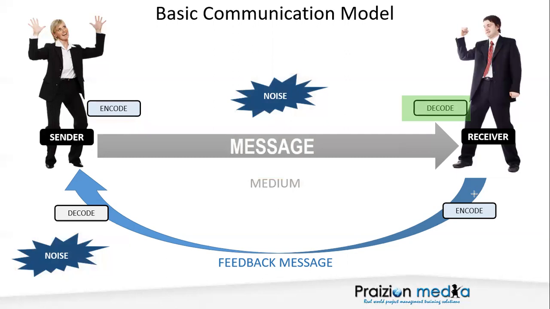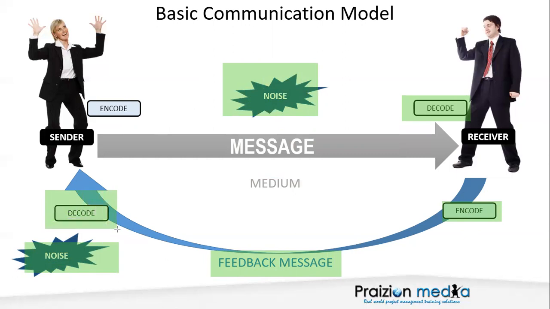That idea registers, and then the receiver encodes a feedback message to affirm understanding. Again, noise could affect the feedback message, but the sender needs to decode the feedback message to understand what the receiver has said, and the cycle continues.